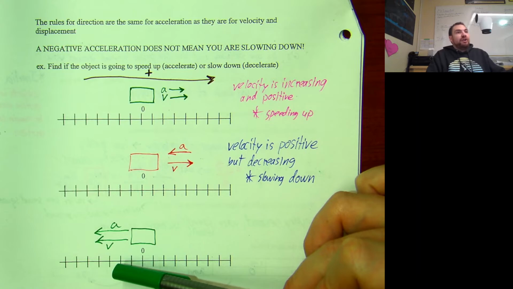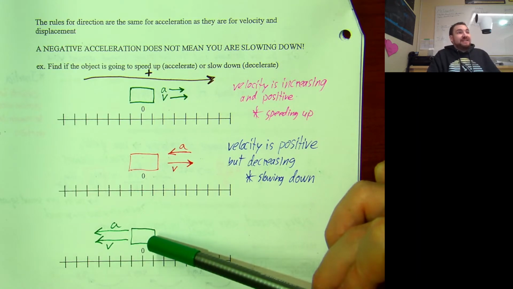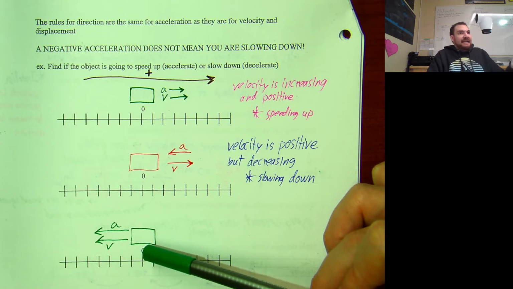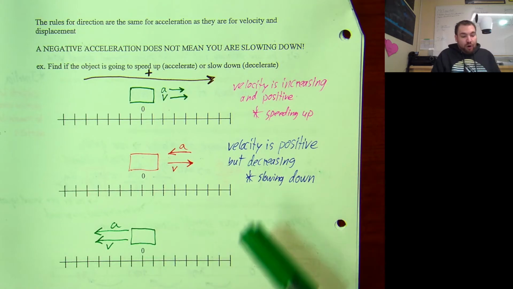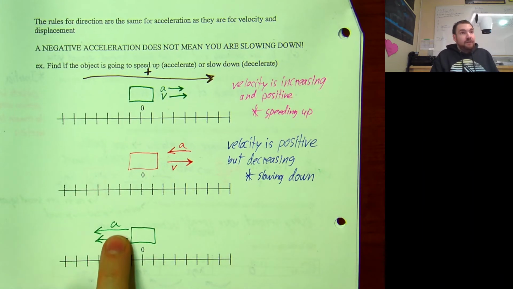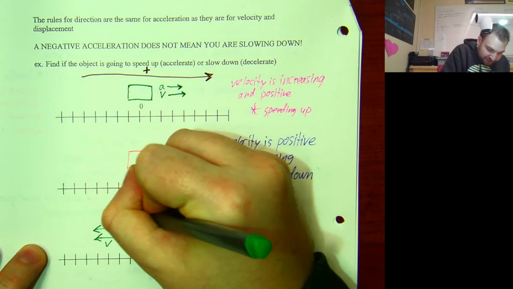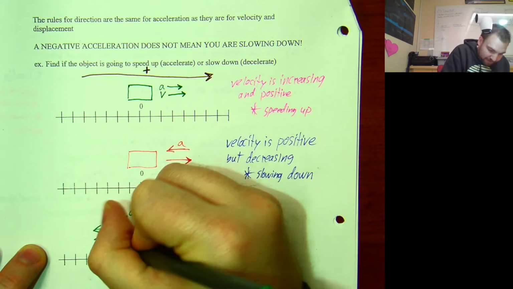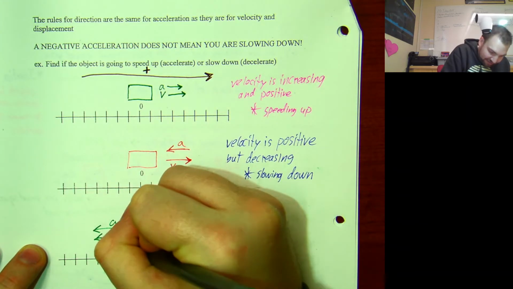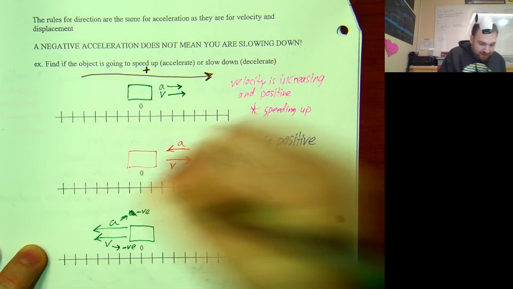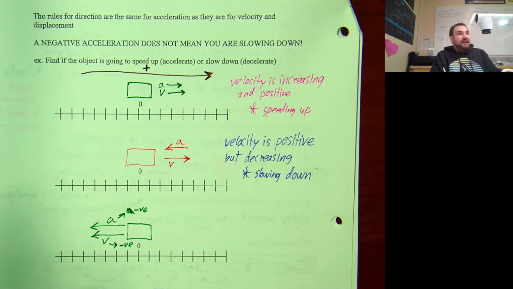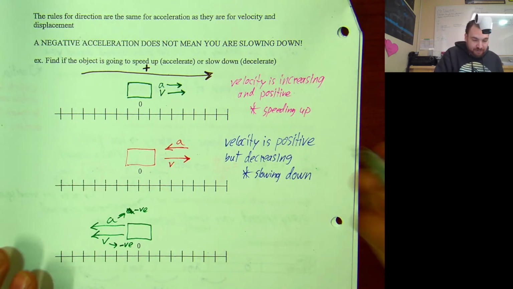It's getting larger negatively. It's getting more and more negative, which means this thing's going faster and faster in a negative direction. This implies my acceleration is negative. My velocity is negative. But when they're both negative, it means the acceleration and the velocity are acting in the same direction.